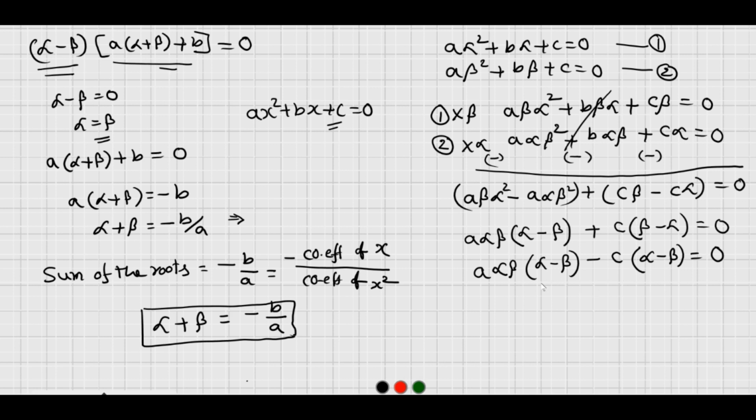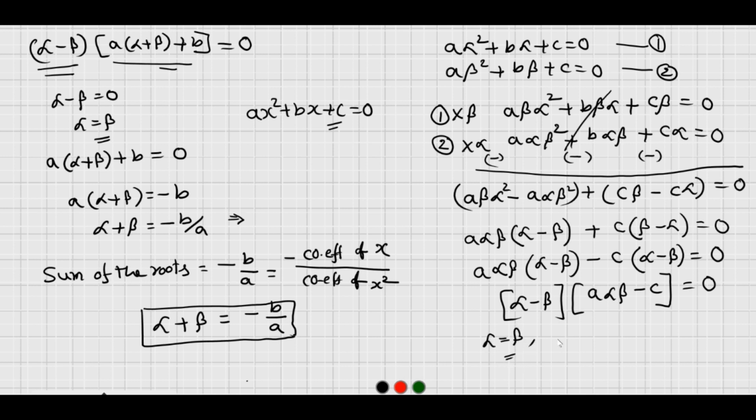From these two we can take common alpha minus beta, right? If you take common alpha minus beta, in the first term we get a alpha beta minus c is equal to 0. So how will this equation become 0? If alpha is equal to beta, then it will become 0.